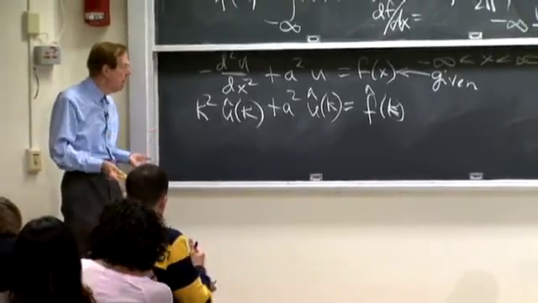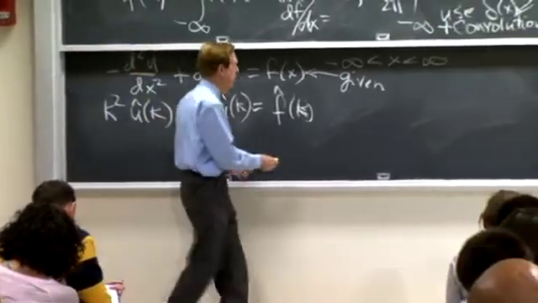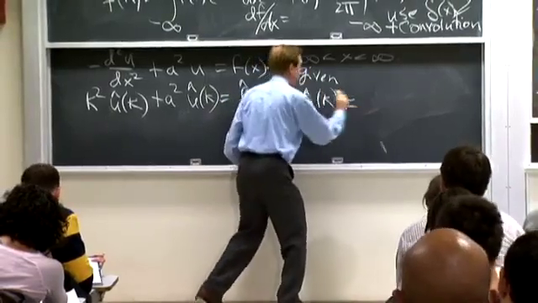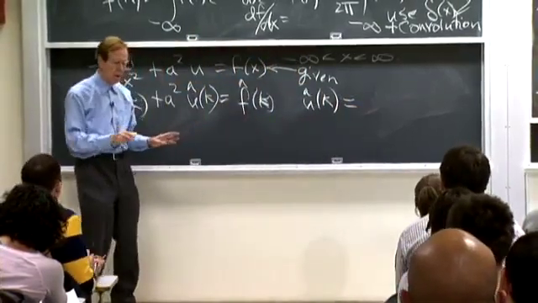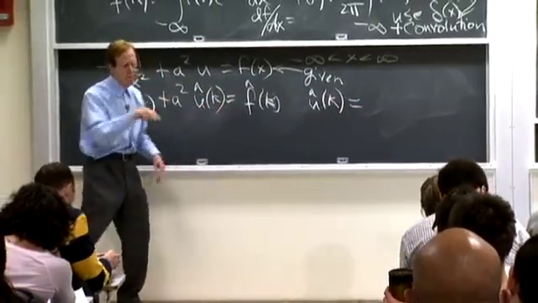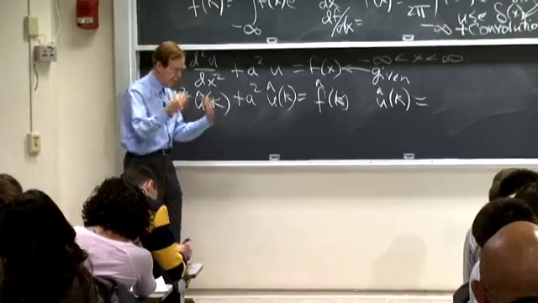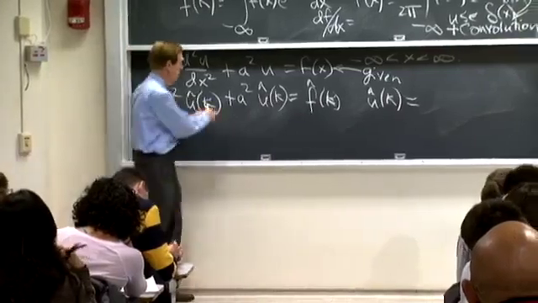And now we get an immediate formula for u hat of k, the solution. Well, it's the solution, but it's in frequency space. If we wanted to know it in x space, as we do, we've got to transform back. But what do we get here?